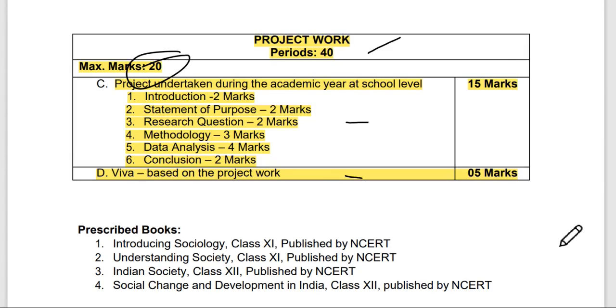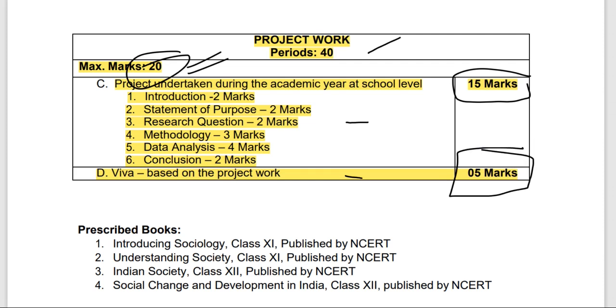Today I am here with project work of sociology. So sociology project work consists of the same 20 marks, but the distinction here is that project work will consist of 15 marks and viva voce will consist of 5 marks.